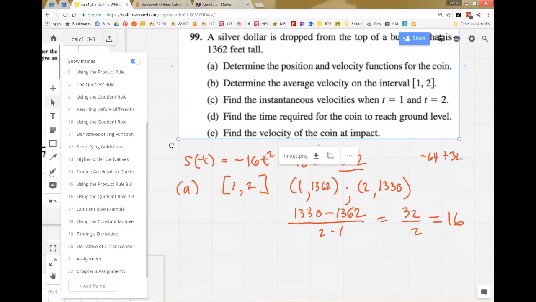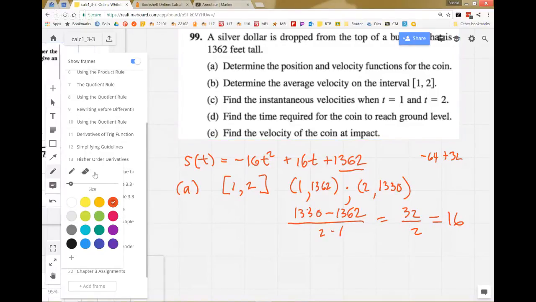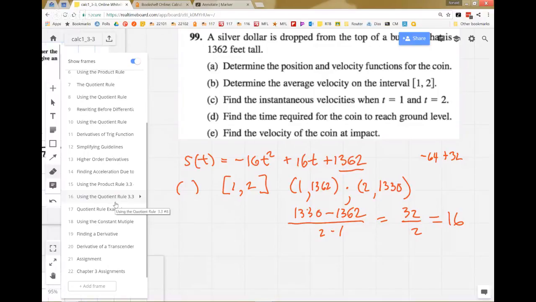We just did B. So we found the average velocity over the interval from 1 to 2. Part A was, what are the position and the velocity functions? Well, the position function is what I have up at top there. S of t equals negative 16t squared plus 16t plus 1362.